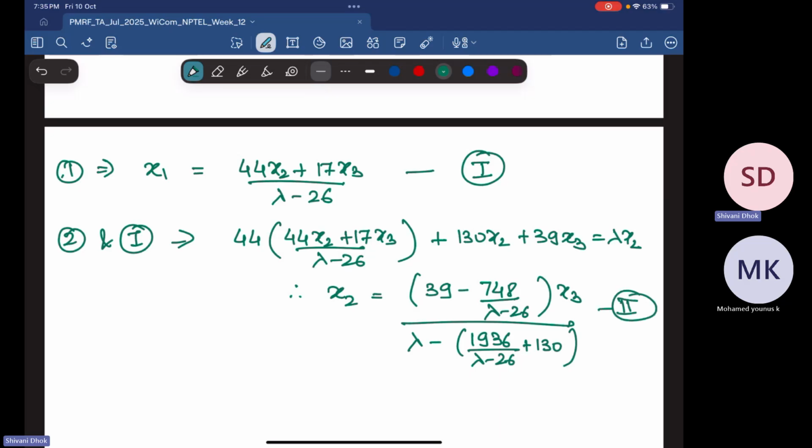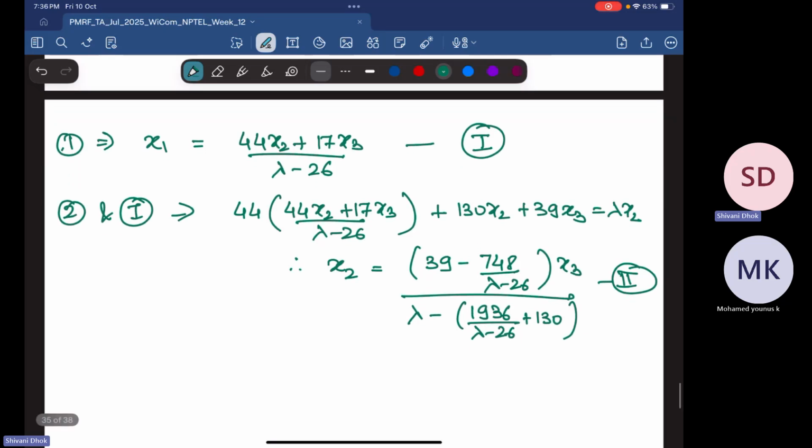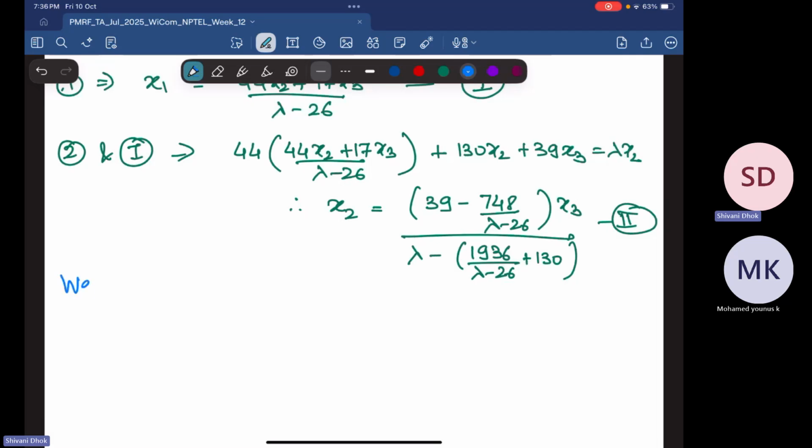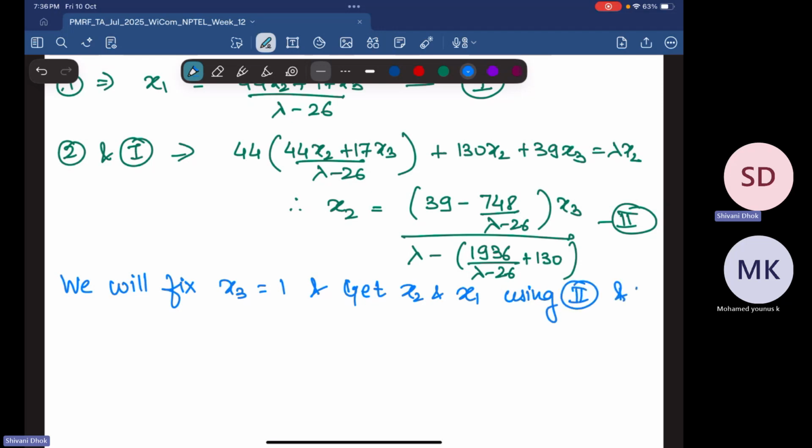I have x1 in terms of x2 and x3, and x2 in terms of x3. The third equation will give a similar relation. To obtain x2 and x3, I will fix x3 equal to 1 and then get x2 and x1 using equation Roman 2 and equation Roman 1.